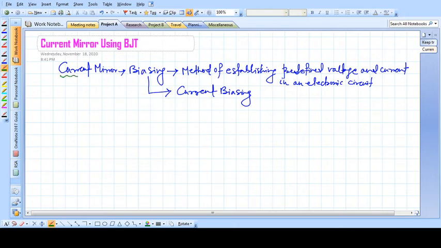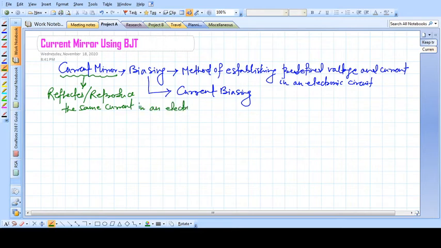As the name suggests, the current mirror is a circuit that reflects the same current, or we can say reproduces the same current in an electronic circuit. It is very useful in analog IC design.